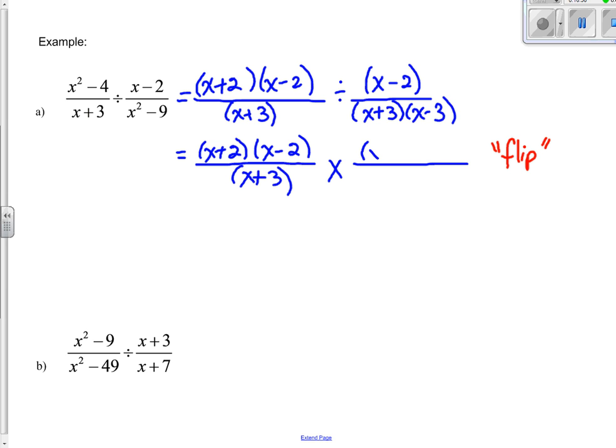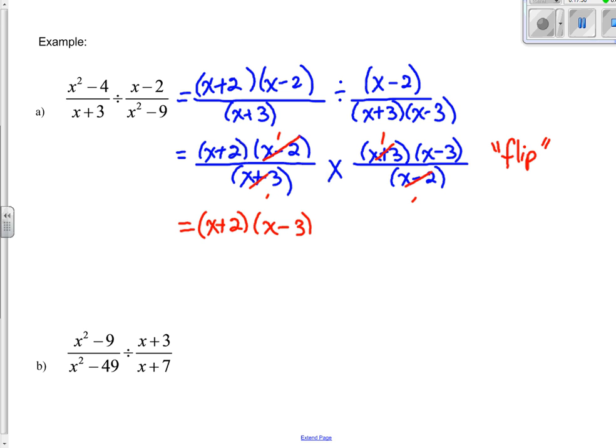So the x plus 3 and the x minus 3 are on the top and the x minus 2 on the bottom. Now I can look for greatest common factors from top to bottom. X minus 2, x plus 2, nope, but an x plus 3. And I am left with x plus 2 times x minus 3. And it would be fine to leave it the way it is.